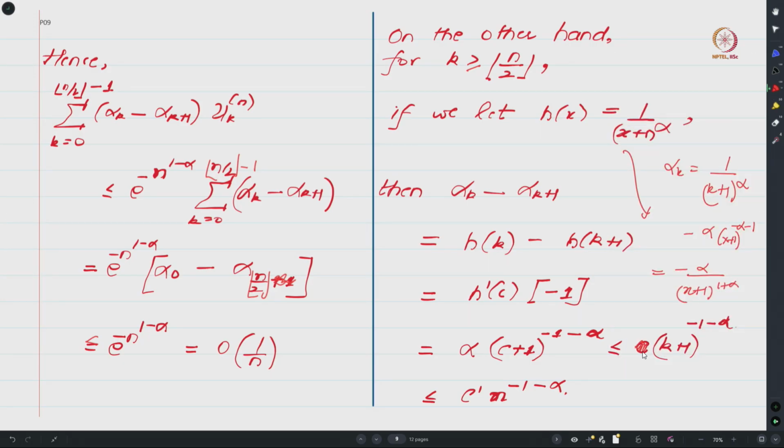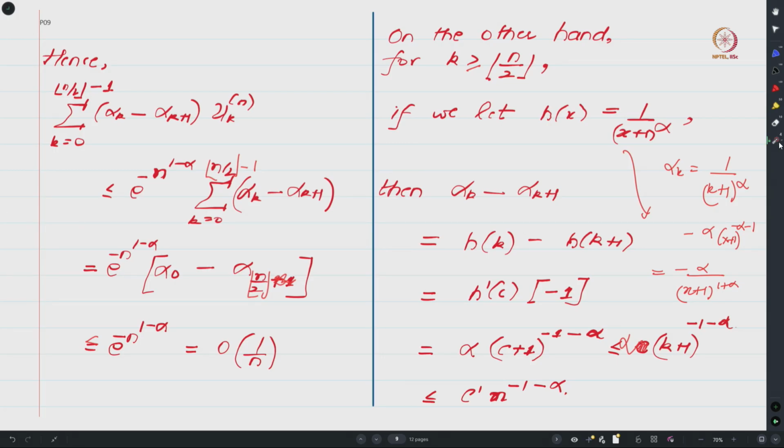Let me maybe call this some constant, let us say capital K. Okay, K also I should not use, so what other constant? So let us say I call it A, right. So capital A, which is some constant, times this expression over here. Okay, I think I can actually use alpha itself. So this is alpha times k plus 1 raised to minus 1 minus alpha.